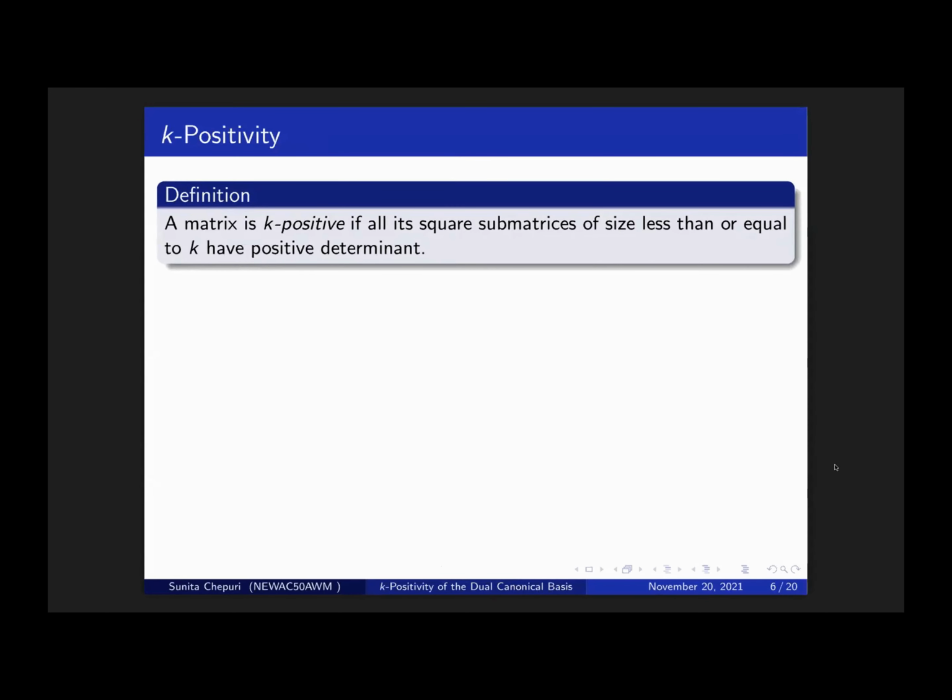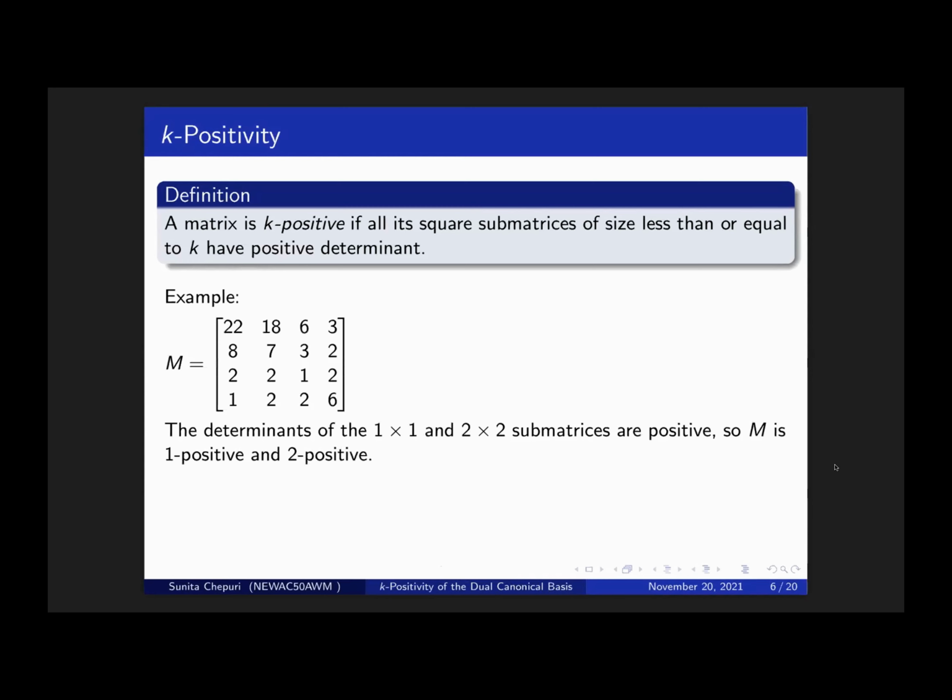Okay, but we're not going to talk about totally positive matrices. We're going to talk about K-positive matrices. We say a matrix is K-positive if all of its square submatrices of size less than or equal to K have positive determinants. So this is a weakening of the total positivity condition. Here's an example of a matrix M. My 1-by-1 determinants, I can again just look and see they're all positive.